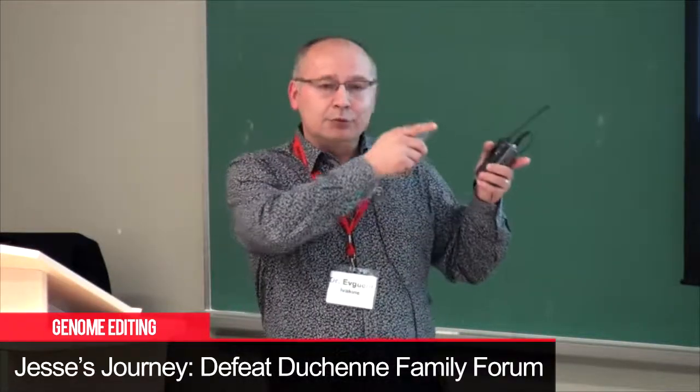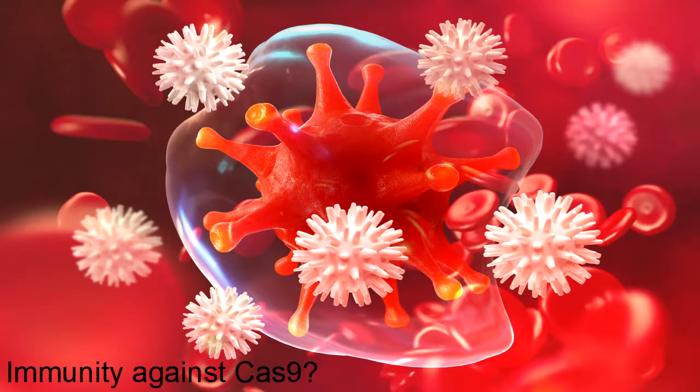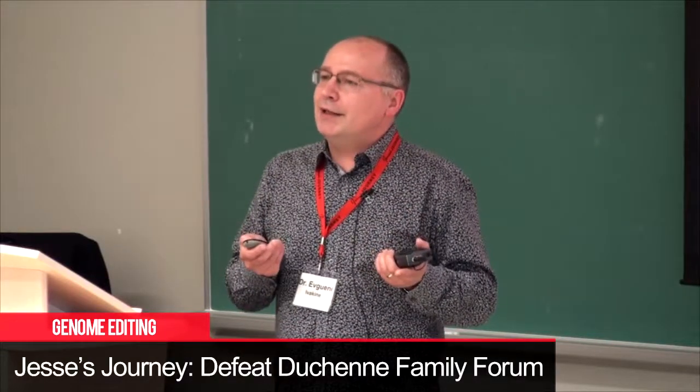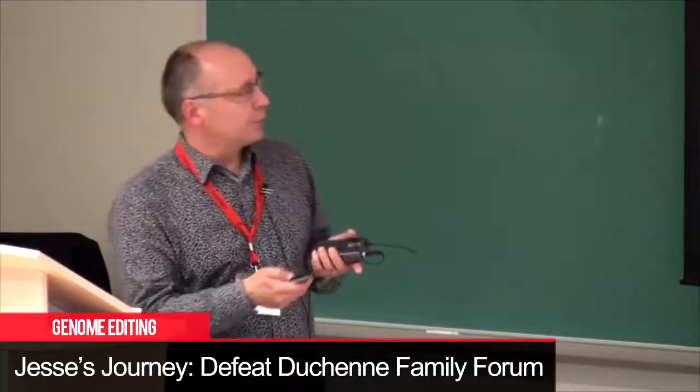So we have to make it more specific so that the guide brings Cas9 only where we want it to be. That's an area for improvement. Cas9 is a bacterial protein. It's foreign for the body, so immunity against that is going to happen. So we have to find a way to deal with this immune response. That's another area for improvement.